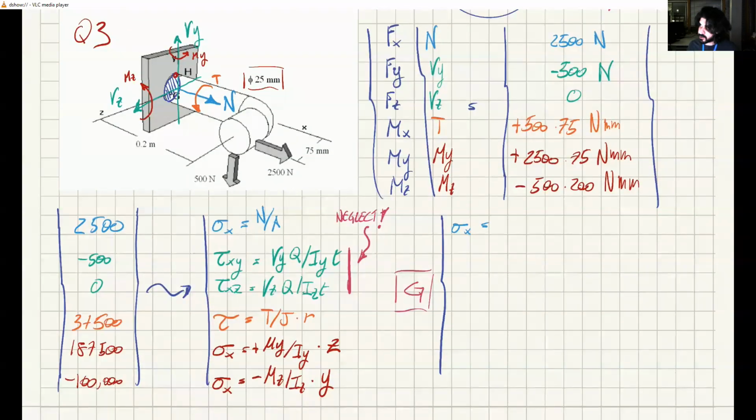And this number is, according to the solution, 5.1 megapascals.